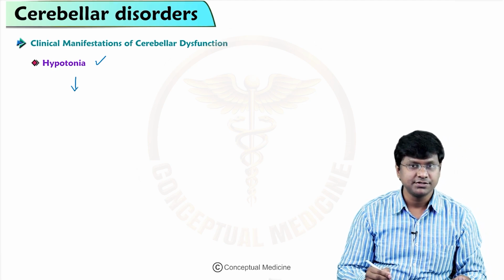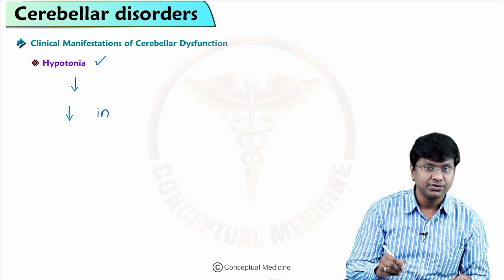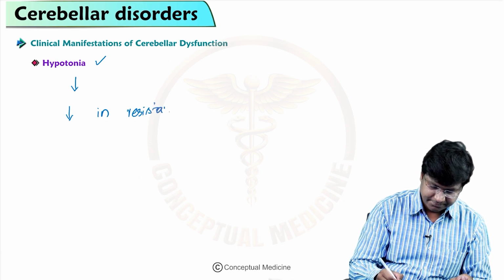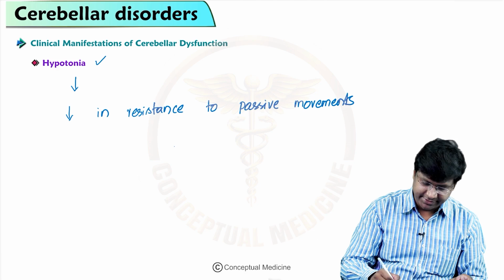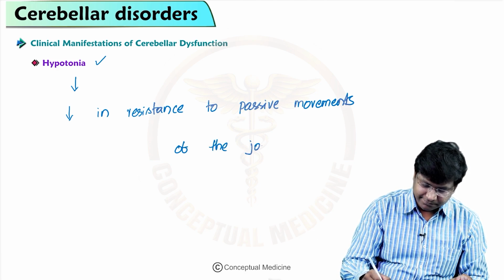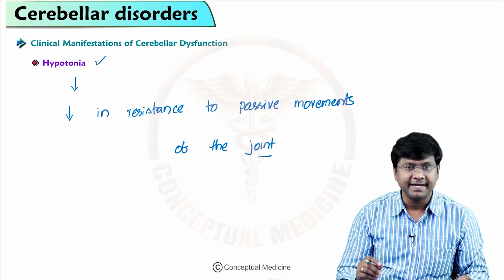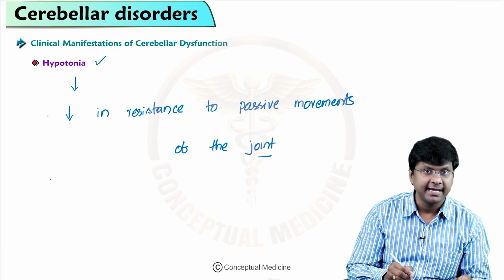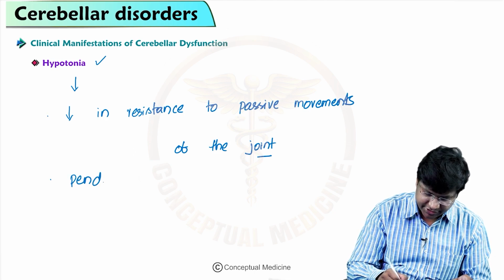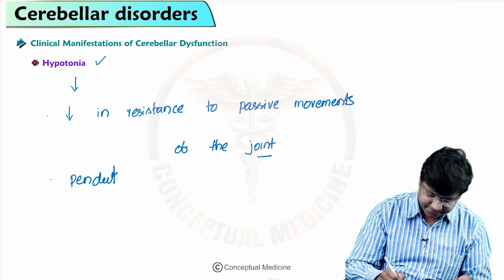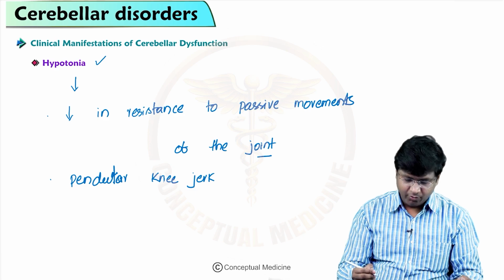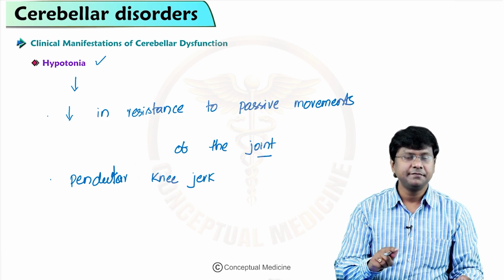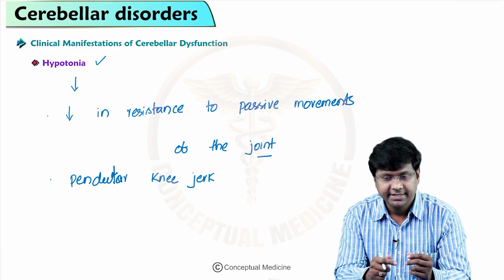Once there is cerebellar dysfunction, there is decrease in resistance to the passive movements of the joint, and the individual will have what is called pendular knee jerk, where there are movements at the knee joint in the form of a pendulum. I'll explain this in detail.